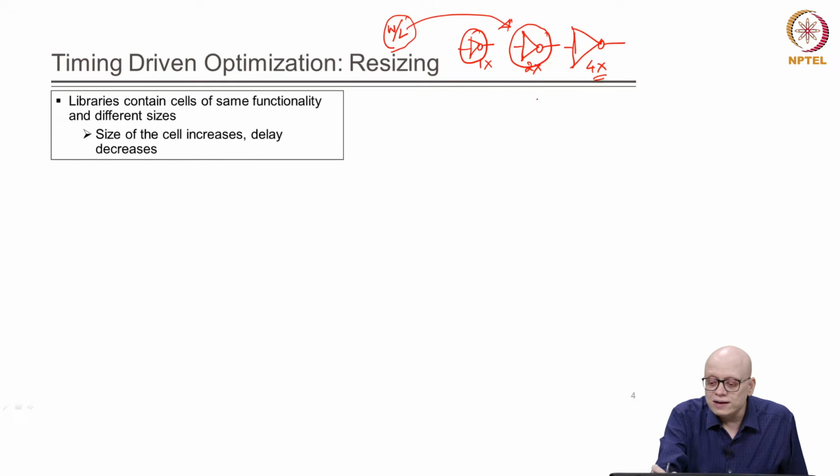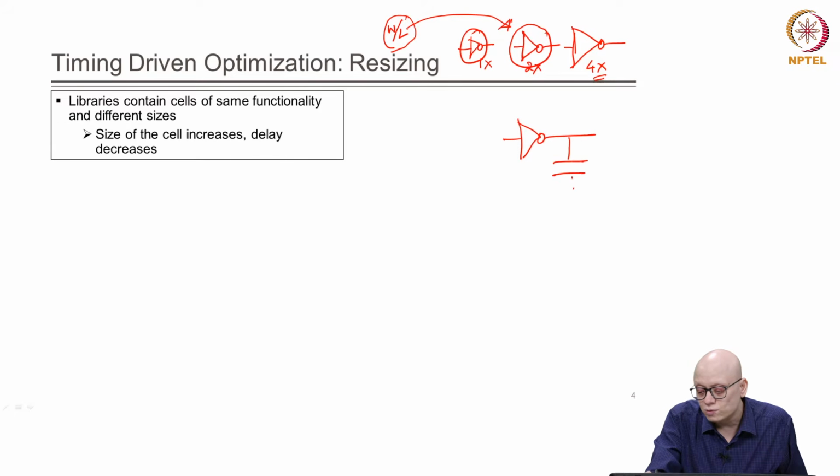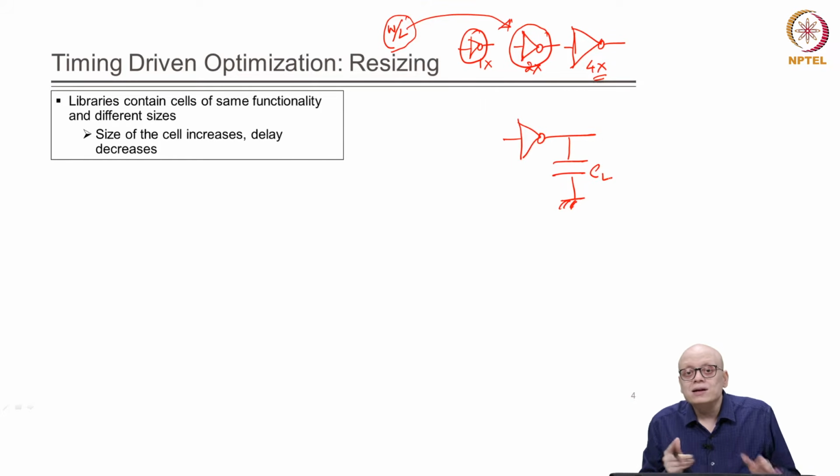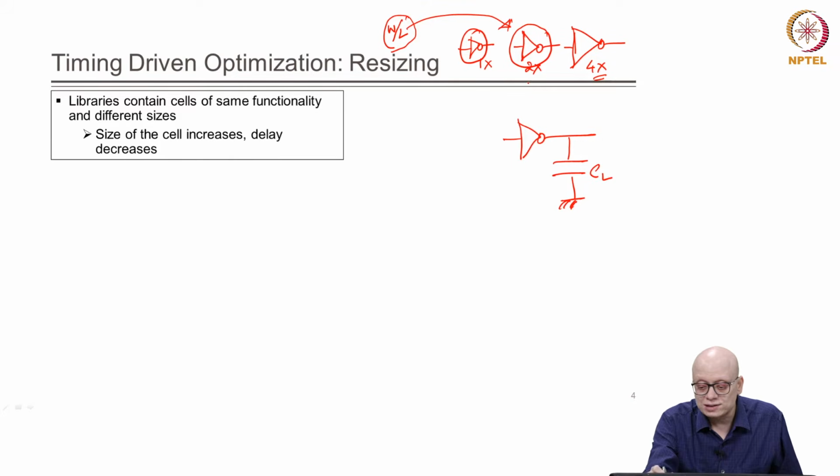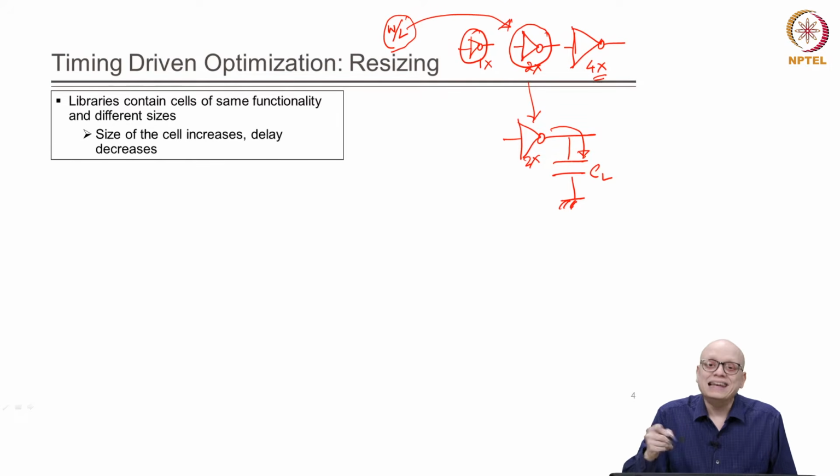Therefore, if this inverter was driving a load of value CL, then because of the bigger transistor in 2x compared to 1x, this 2x inverter will charge this capacitor faster, and therefore its delay will be less compared to 1x, and in 4x the delay will be further reduced.